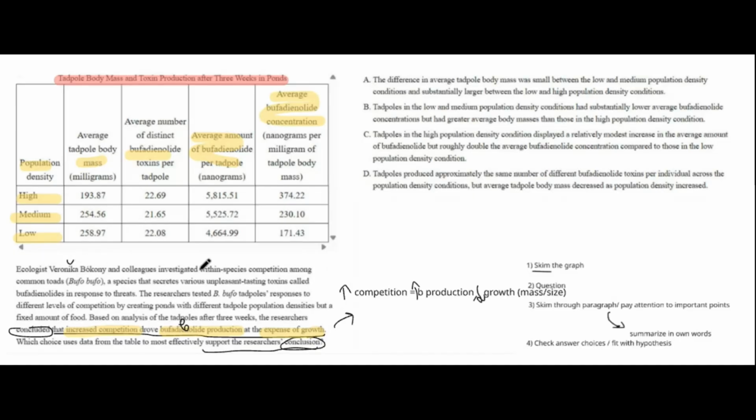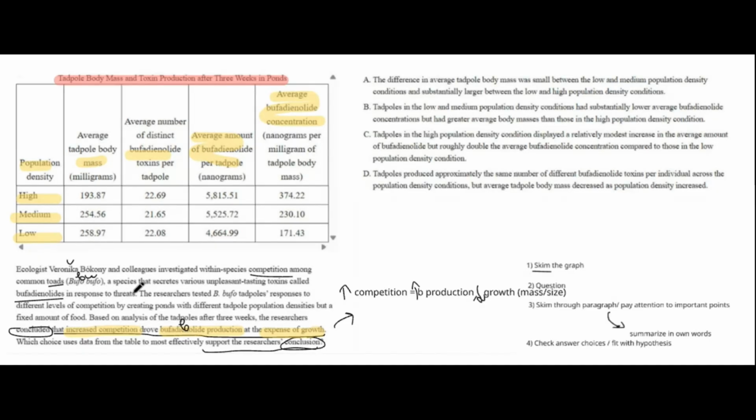Ecologist E investigated within species composition. We see competition. Common toads, let's call them BU since we already used B, a species that secretes various unpleasant tasting toxins called B in response to threats.